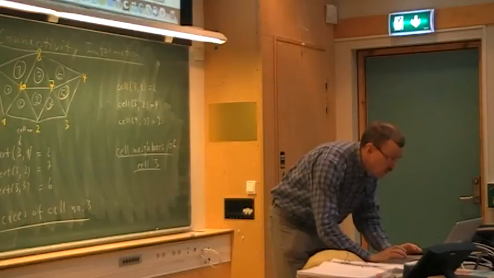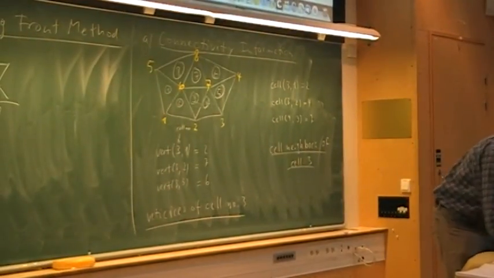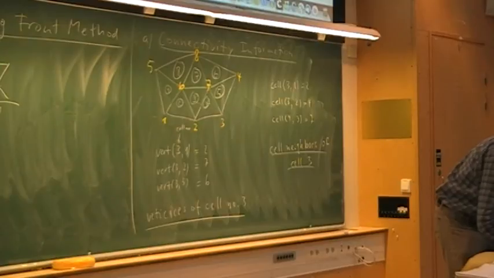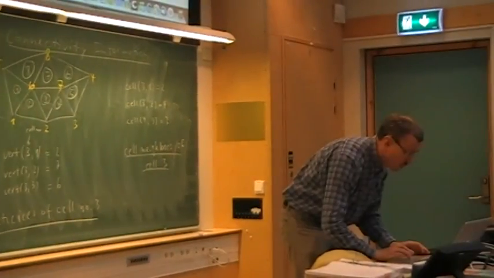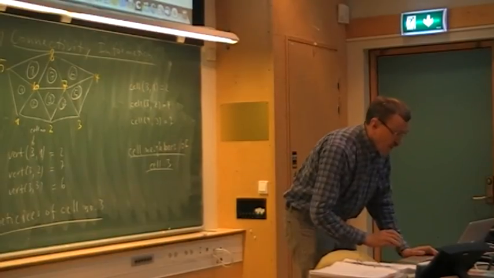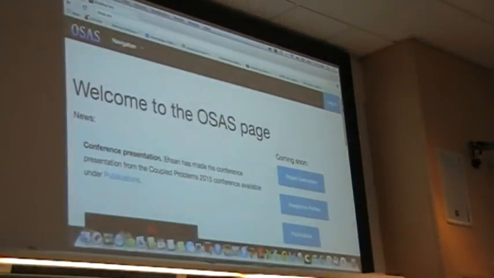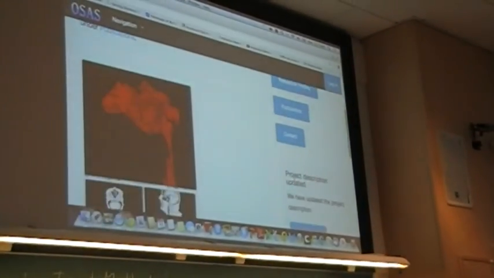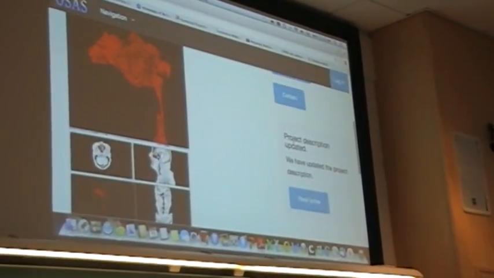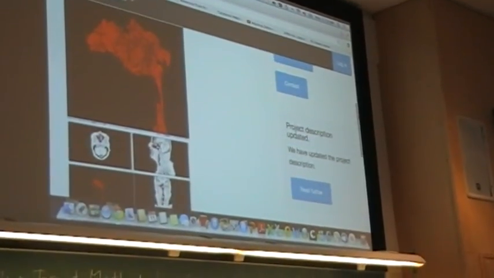I have one point in addition, a point that we have not addressed here, and that is how you can get the surface of a complex geometry. This is from a project that I'm leading now.